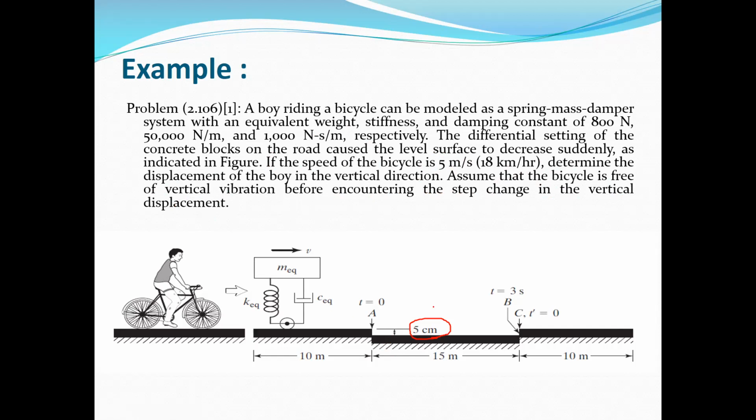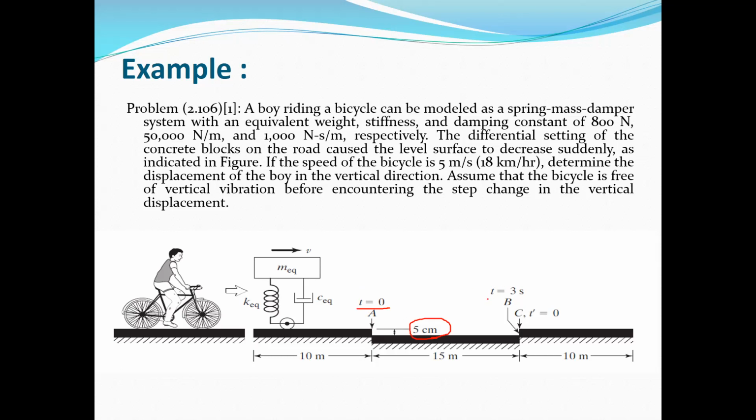So here, in this problem, you can see at t equal to 0, because the origin point of time is in our hand, we can assume when this bicycle arrives at point A, this is t equal to 0, the origin point of our time.